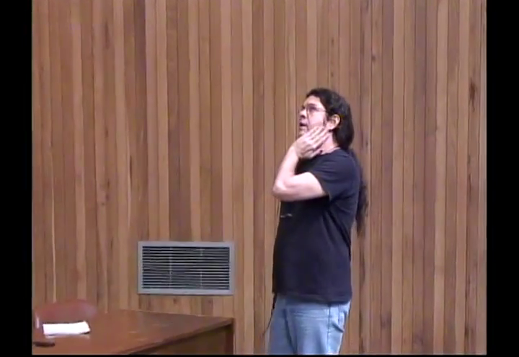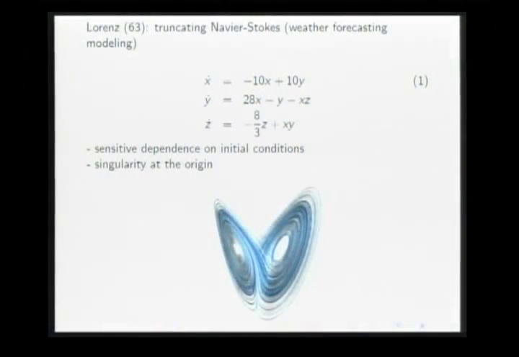We are going to talk about Lorenz attractors. Firstly, these objects appeared when Edward Lorenz, in 1963, was studying a model for weather forecasting. To do this, he truncated the Navier-Stokes equations to this system.